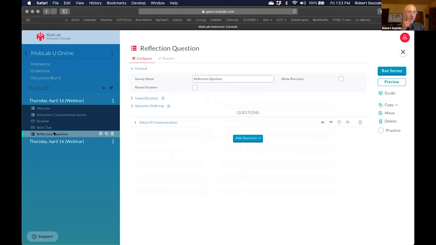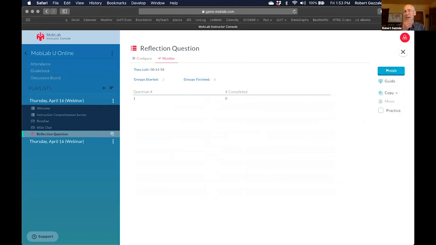It's going to appear in your MobLab app or in the browser. What this question asks is, why do you think it is the case that allowing communication might lead to players making different decisions? I'm going to give you a couple of minutes to compose an answer.